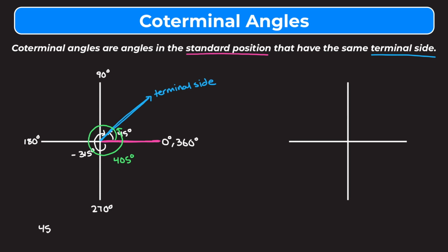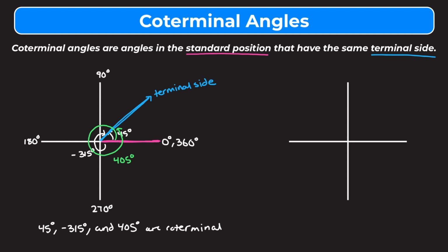So I'm going to say 45 degrees, negative 315 degrees, and 405 degrees are coterminal. And because you can just keep going around an extra 360 degrees as many times as you want, or going backwards 360 degrees as many times as you want, there are going to be an infinite number of coterminal angles for any given angle.